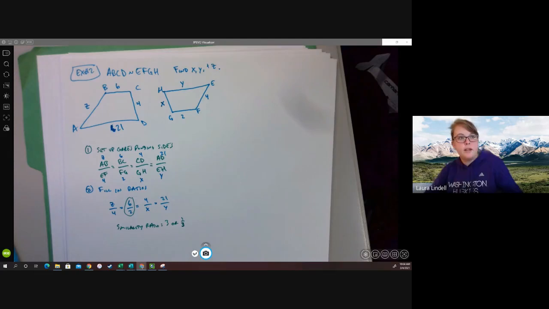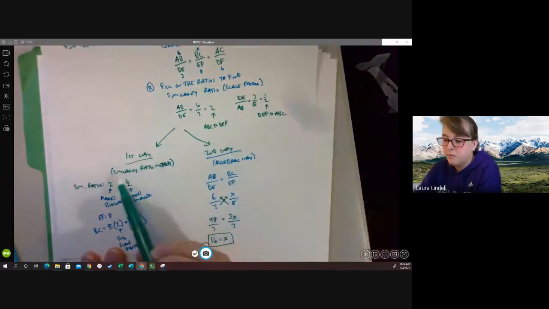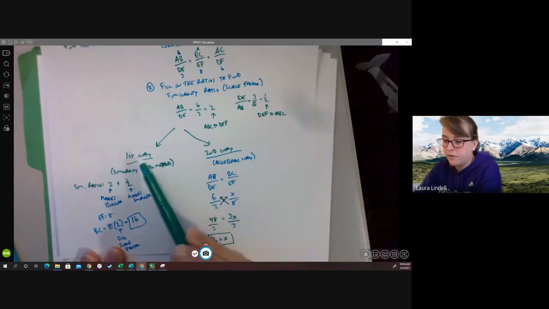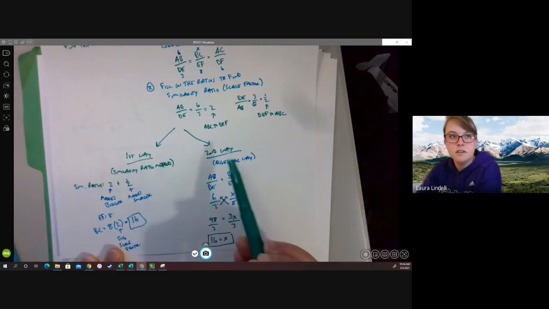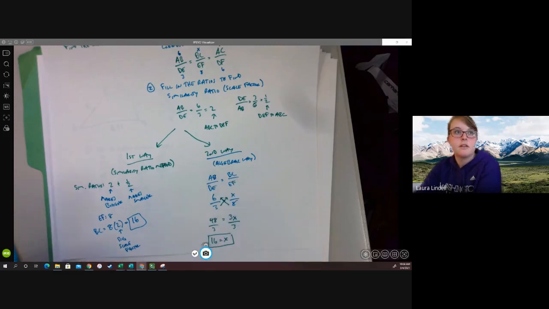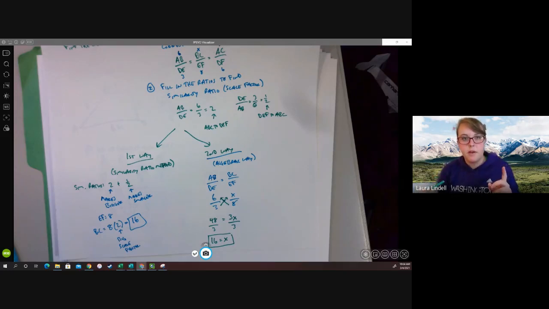So remember, we had two methods. We had the similarity ratio way, that was the first way, and we had the algebraic way, that was the second way. So just out of curiosity, off of our first take here, did you like the first way or the second way better? Go ahead and answer in the chat. What do you prefer, just based off of that first problem that we did?